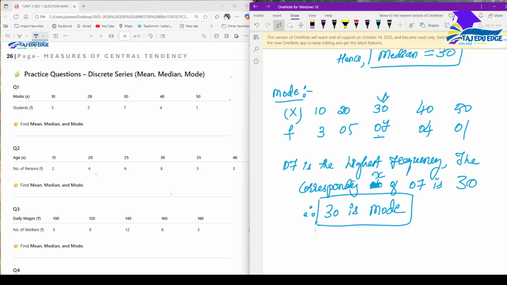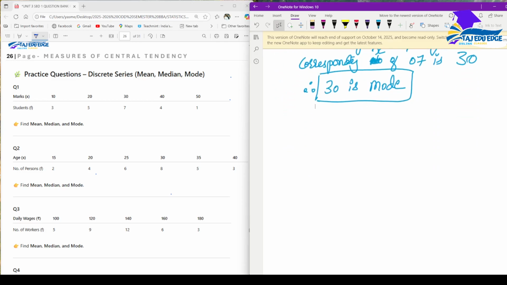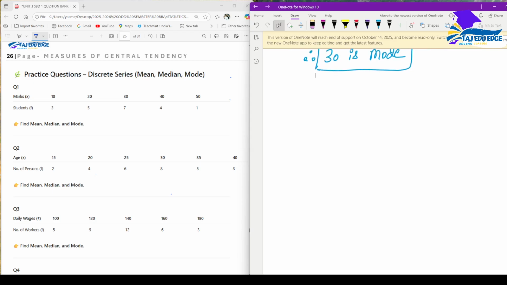Also we can calculate mode using the empirical relationship between the mean, median and mode. Let's see how we can calculate it. This is not necessary, but I want you to know this if they ask you the question. First we know what is mean and also we know what is the median.